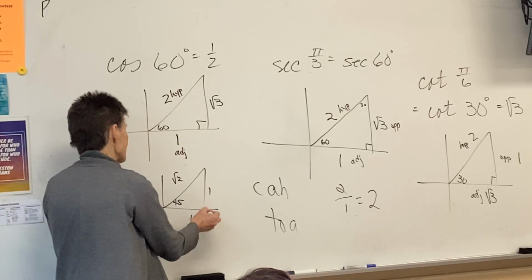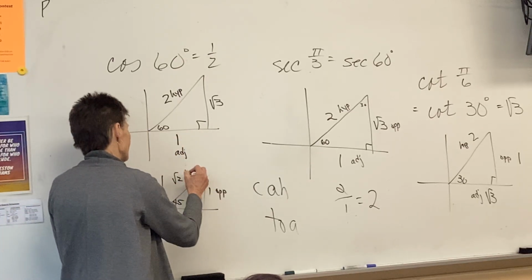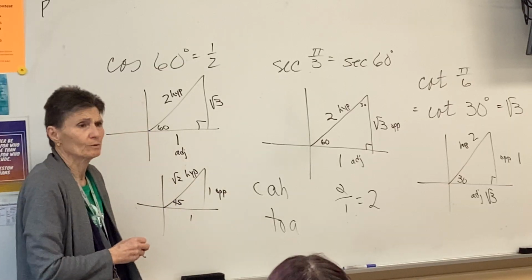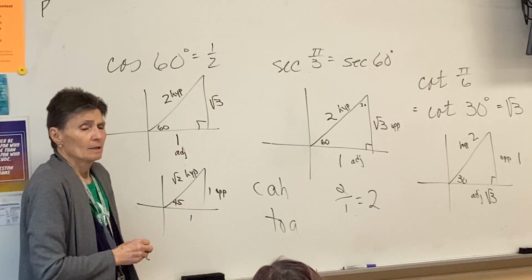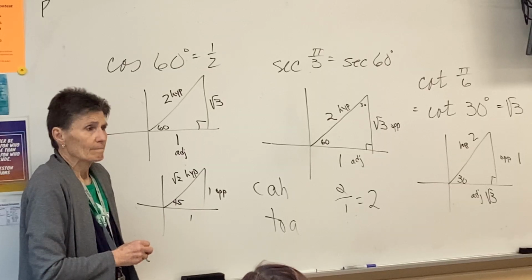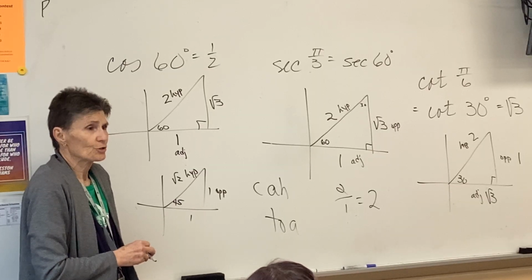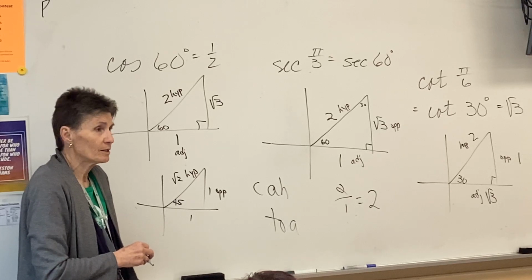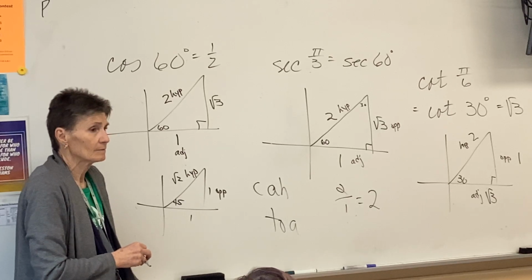You wanted cosine. Since it's hypotenuse over opposite, that's how we got root 2. All right. A little out of control here. Everybody good? Figure out what you did wrong if you made a mistake.